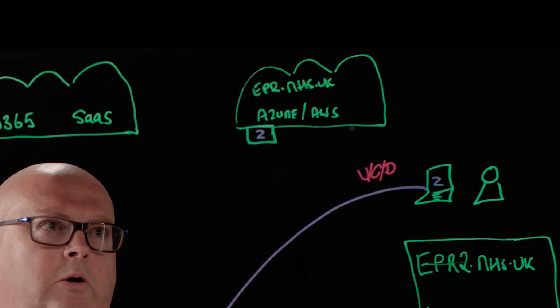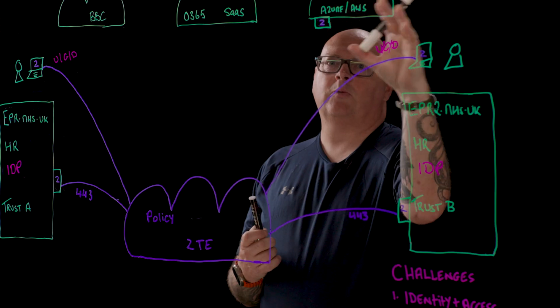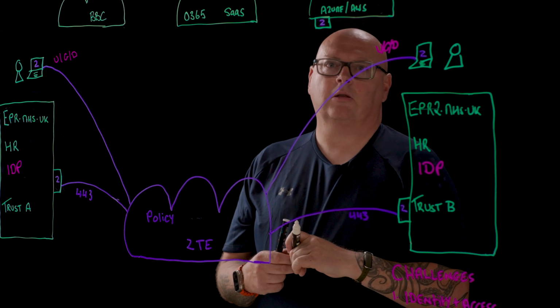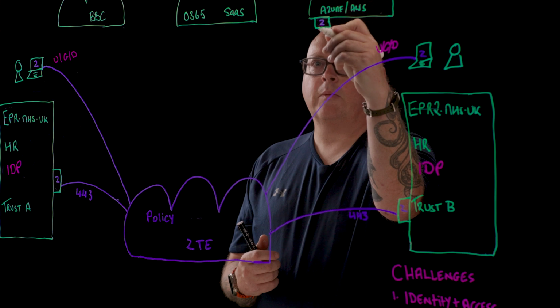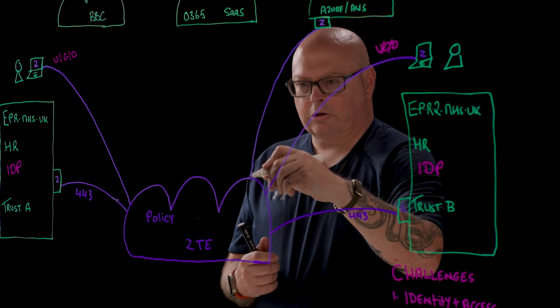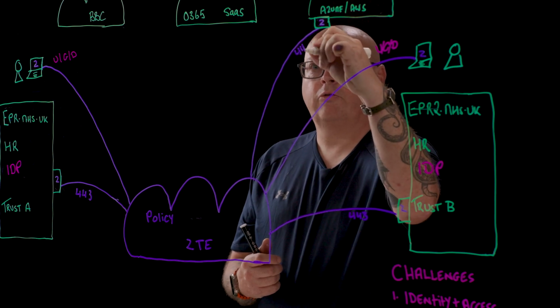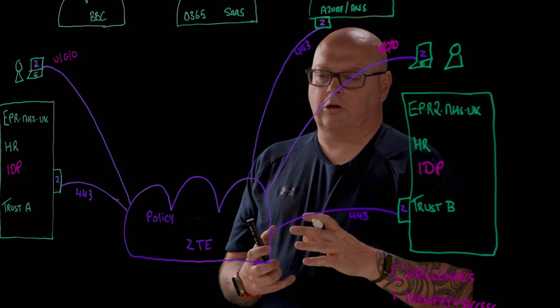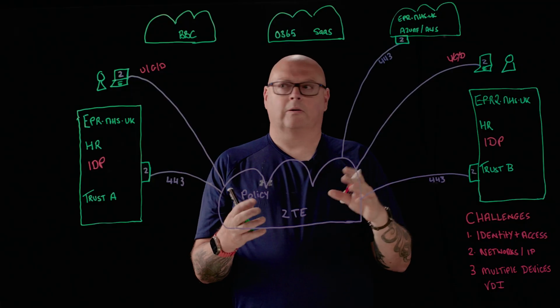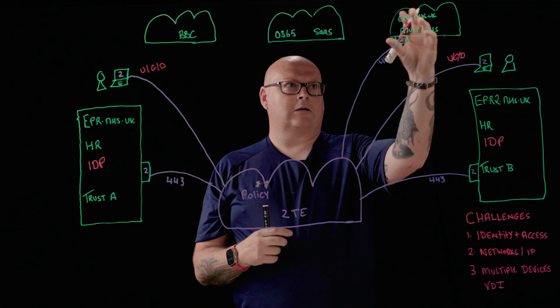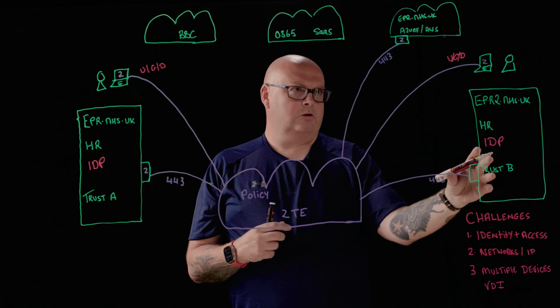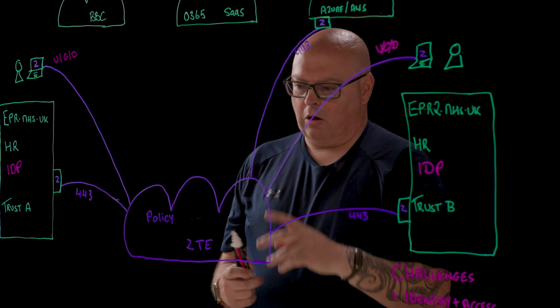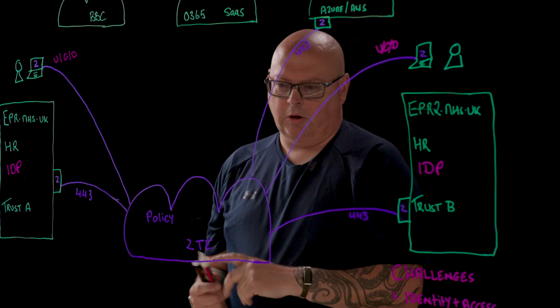Now normally we would need complicated routing tables or firewalls or things like that for our users then to connect with, but here that app connector in the cloud calls out to Zscaler on 443, all nice and secure. Doesn't matter. A user over here, if it's got access to EPR NHS.uk, it can connect. This user over here can connect, all because of the policy and the power of the cloud and using the Zero Trust Exchange.